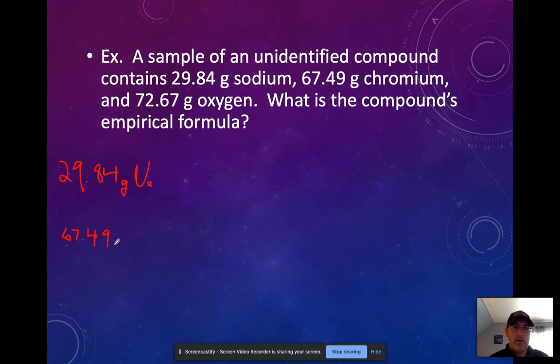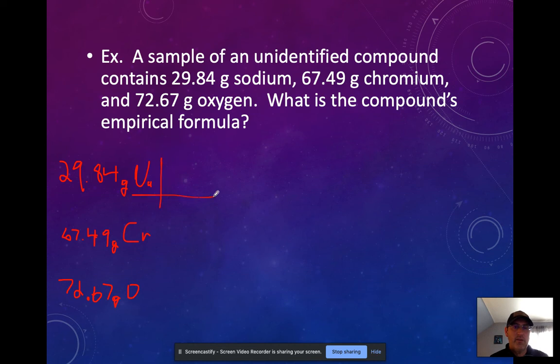Grams of Cr. Okay, and then 72.67 grams of oxygen.